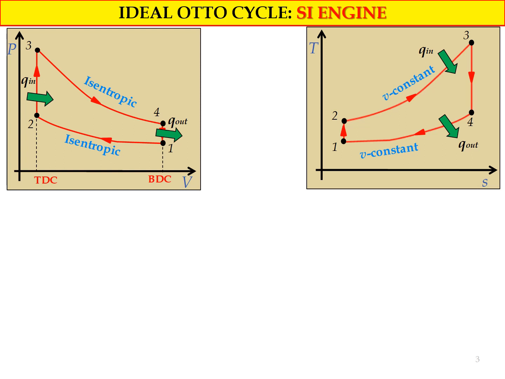The volume decreases from BDC to TDC due to the compression process, and we can see that the pressure increases from P1 to P2.